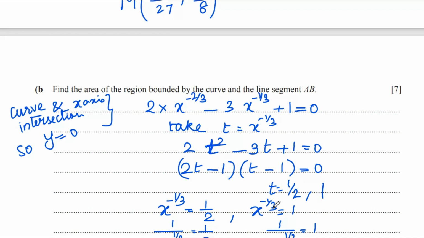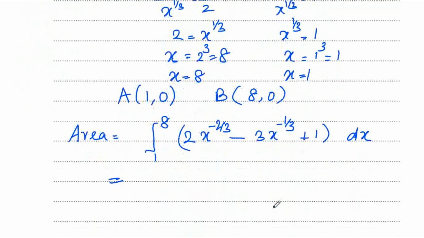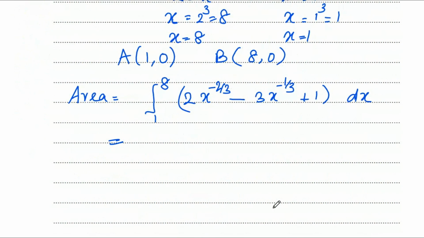The line segment AB has an equation y is equal to 0. Okay. So we will ignore that part, y is equal to 0. So no need to subtract.